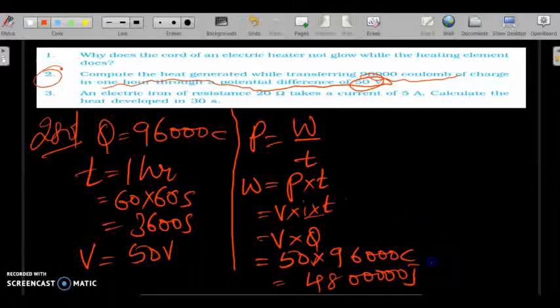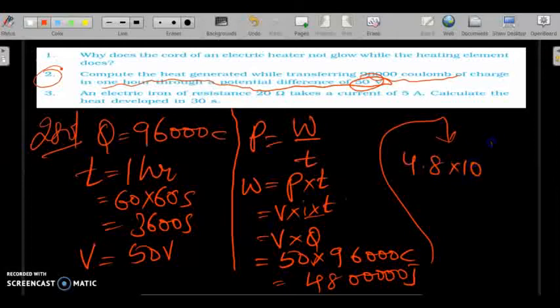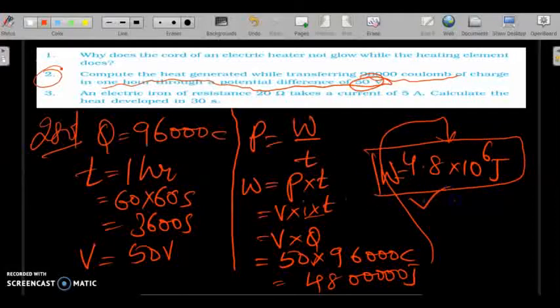That means joules. So this will amount to 4.8 times 10 power 6 joule. So this is the amount of heat energy produced. So that's it.